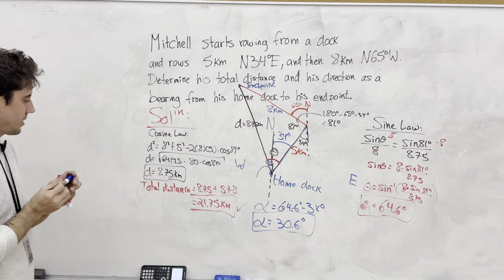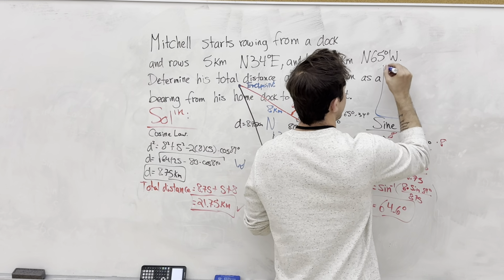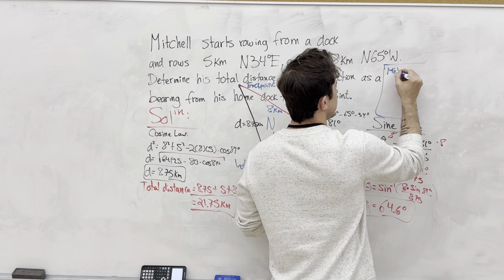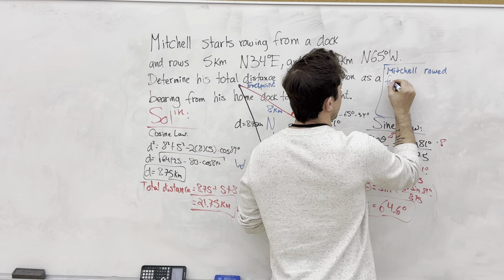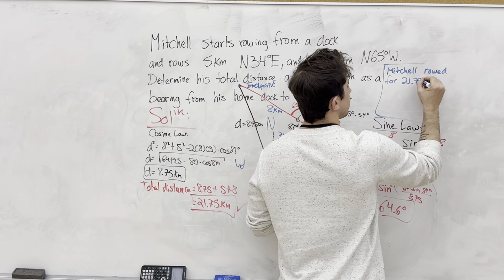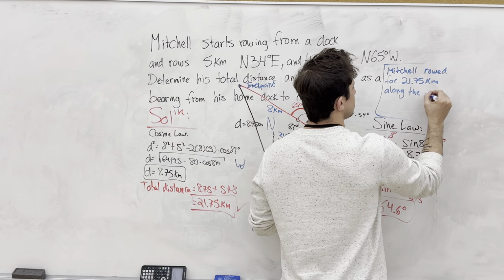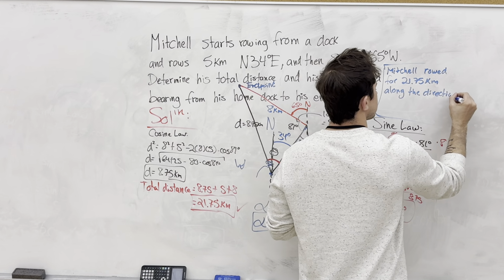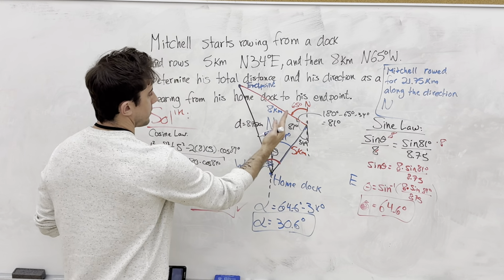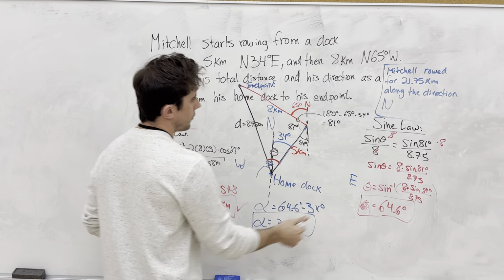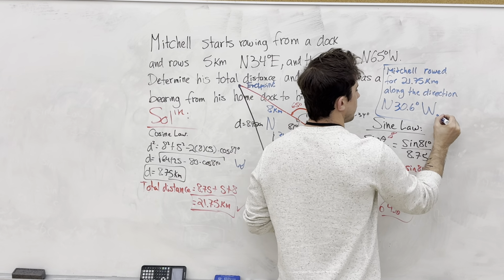And so we're going to write that right here. Mitchell rowed for 21.75 kilometers along the direction north, so that would be north and then 30.6 degrees west.